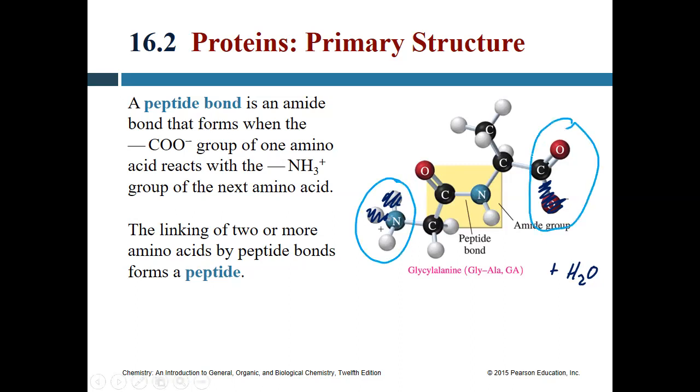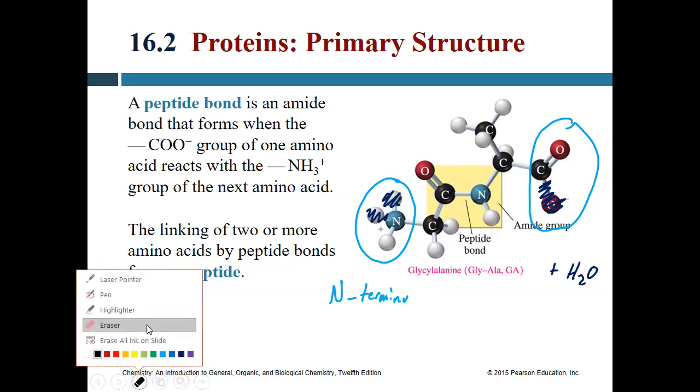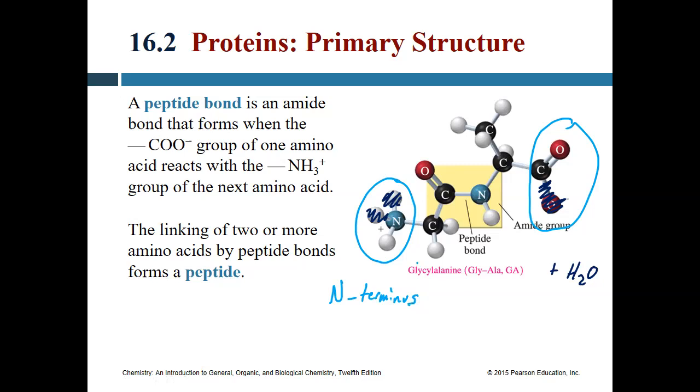These open ends are referred to as termini. And so on one side, we have what's called the N terminus, and on this end, we have what's called the C terminus. And so if you see those terms in the book, that's what they're referring to.